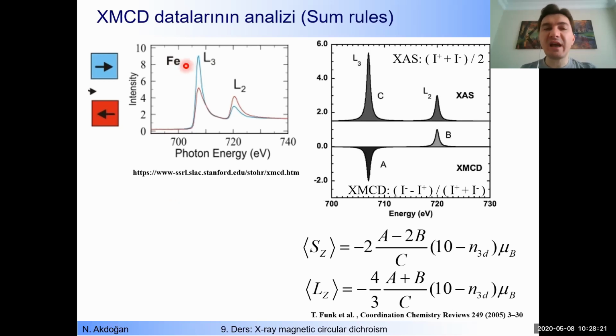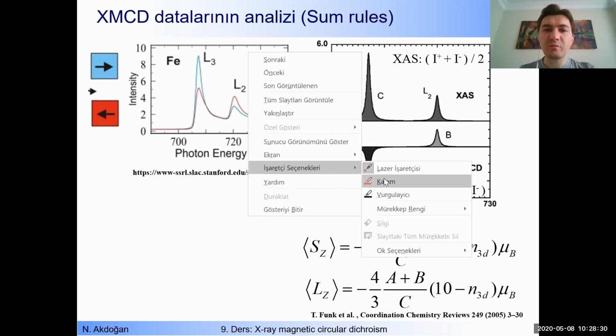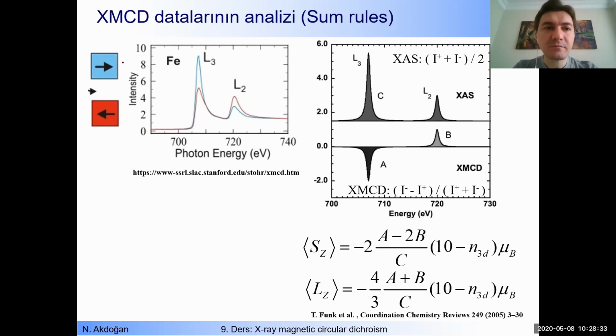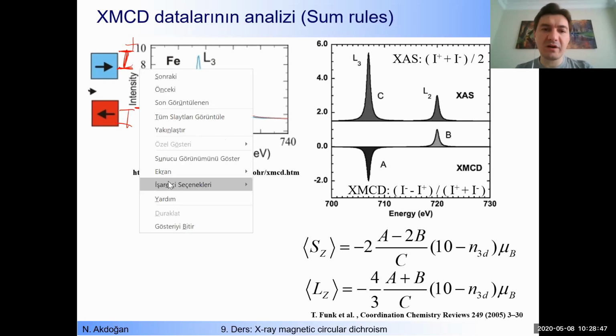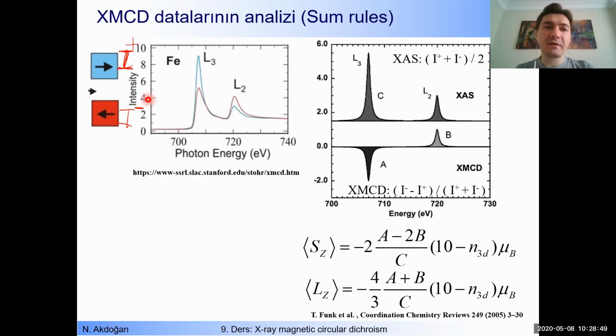So here we have two measurements, blue one and red one, okay? Let's consider that this blue one is I plus and the red one is I minus. What is the meaning? You use RCP and measure that intensity, I plus.